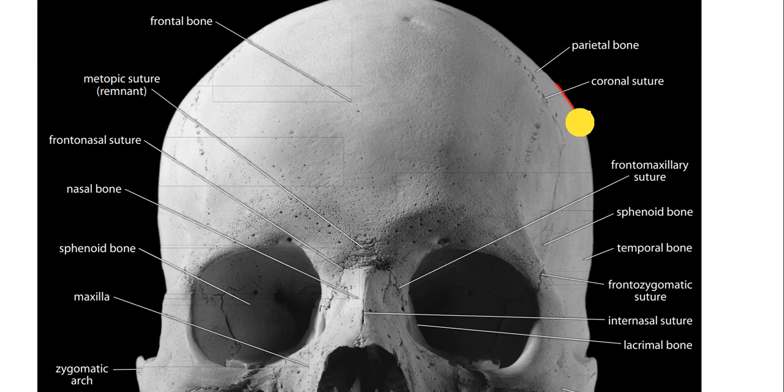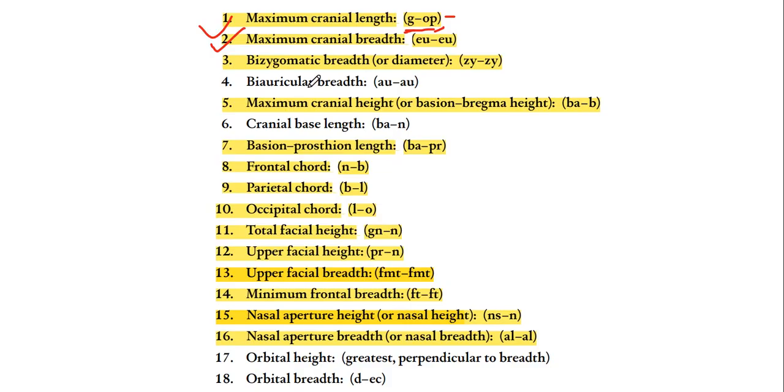The most lateral point here, again identified by sliding the calipers up and down, you will get the maximum reading. These two points are the euryons, plural eurya. So from eurion to eurion is identified as maximum cranial breadth.